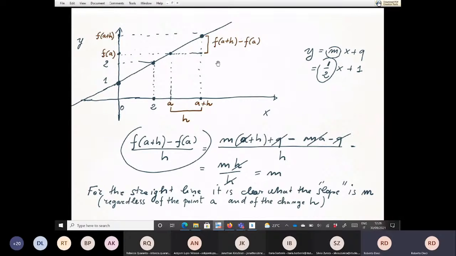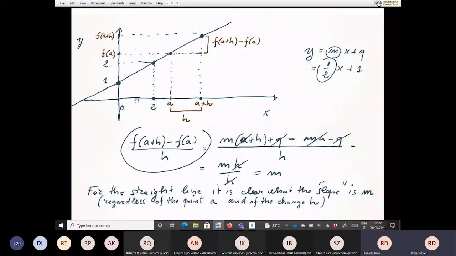The domain of this linear function is the whole x-axis. I pick point a here. This remains fixed in our experiment, also later. I consider an increment h, so I move, for instance, to the right from a to a plus h. This is a positive increment in this case. If the increment is negative, I move to the left.